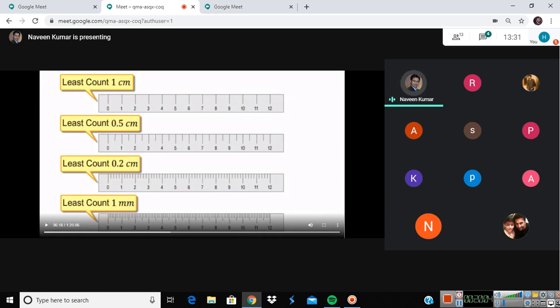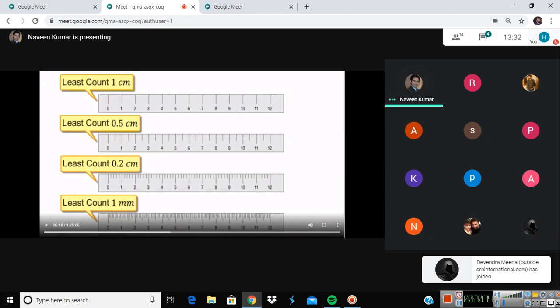In the second scale, the minimum value that we can measure is 0.5 centimeter. Similarly, in the third one, the least count is 0.2 centimeter, and the last one, the least count is 1 mm. That is the minimum value that we can measure from this instrument.